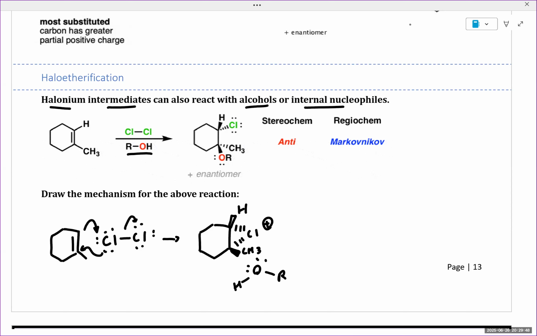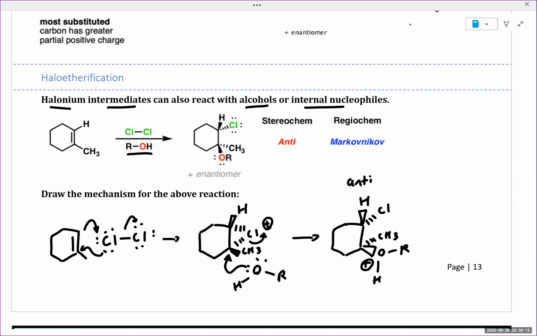We're going to open up the halonium ion at the most substituted carbon from the opposite face. So because the halonium ion's on the bottom face, the alcohol ends up on the top face, and the chlorine ends up on the bottom face. So as you can see, the alcohol and the chlorine atom are anti to one another.